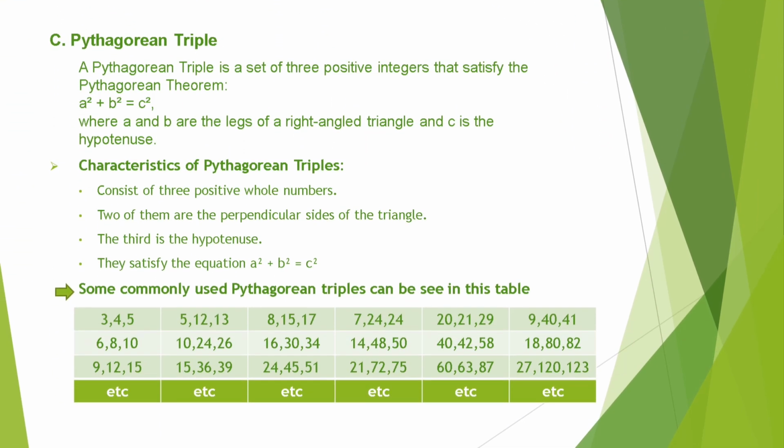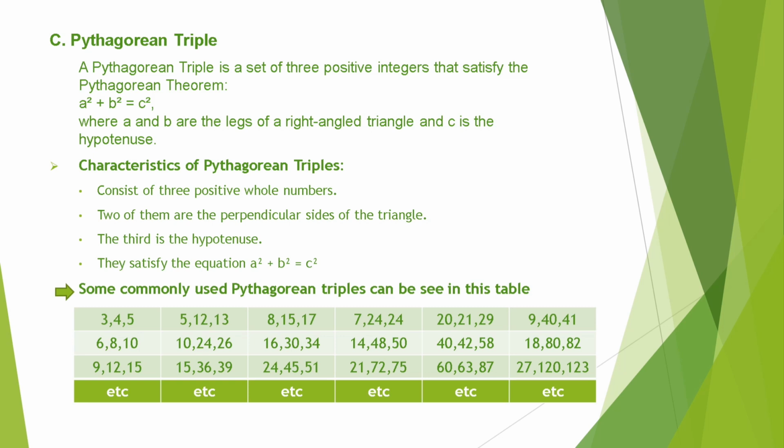C. Pythagorean triple. A Pythagorean triple is a set of three positive integers that satisfies the Pythagorean theorem, a quadrat plus b quadrat equals c quadrat, where a and b are the legs of a right-angled triangle, and c is the hypotenuse. Pythagorean triples consist of three positive whole numbers.